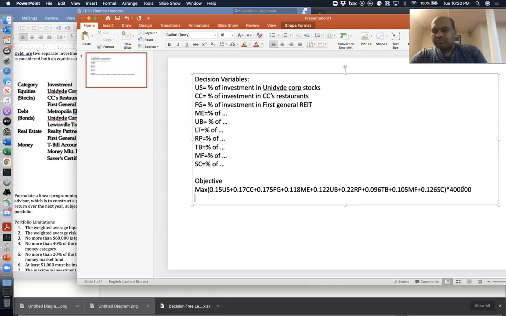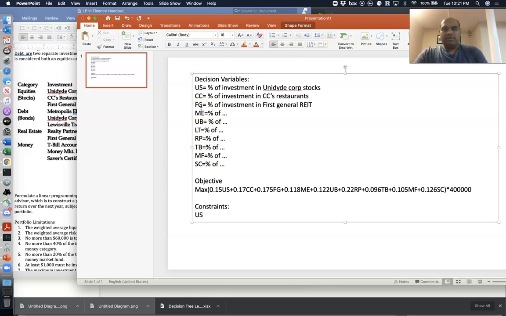Okay. Next, after we do the objective, the next are the constraints. The constraints are all the portfolio limitations. So let's write the constraints. In this case, there is one hidden constraint, obviously, because all of these are percentages of total investments. They all have to add up to 1.